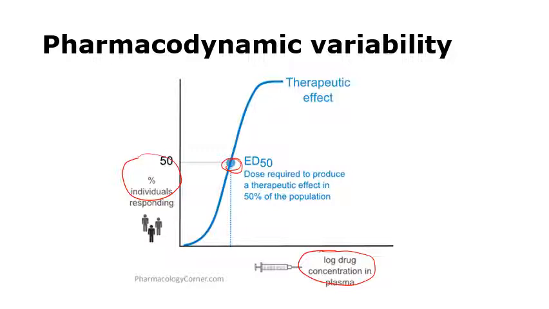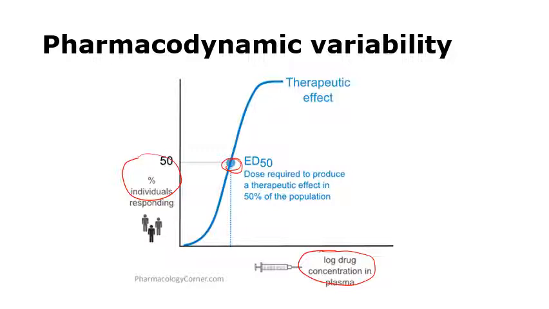This is obvious for some receptors like opioid receptors, beta-2 adrenergic receptors, dopamine receptors, and serotonin receptors. So this type of variability is called genetic variability in the receptor distribution.